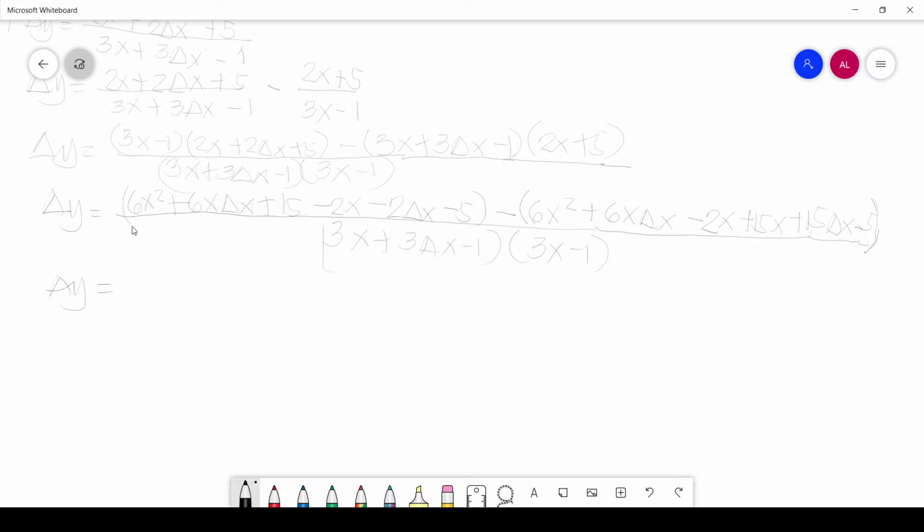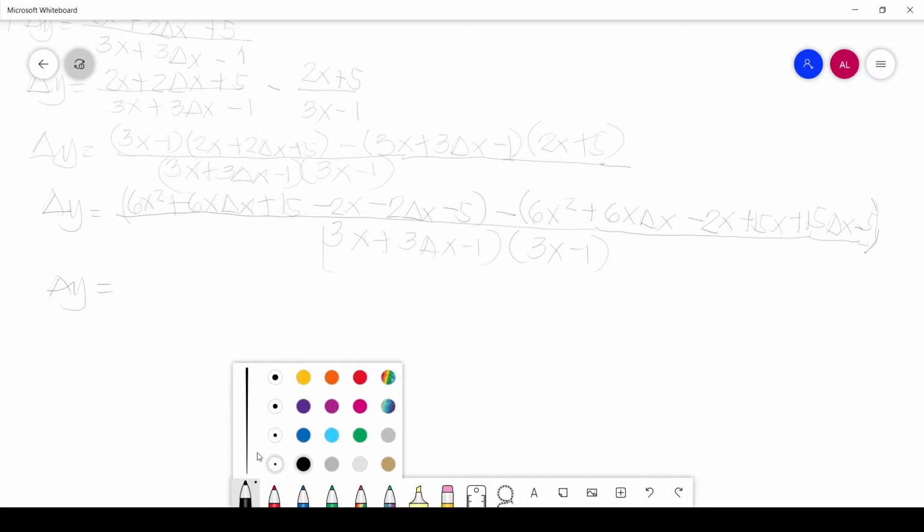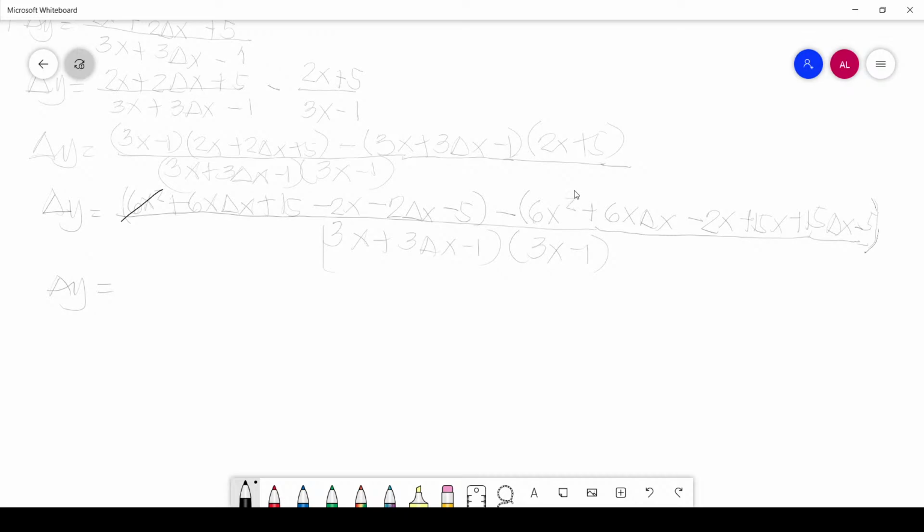Okay, so let's simplify. We have common terms but different operations, different signs, so we can cancel. Cancel. 15x, yes, that is 15x.